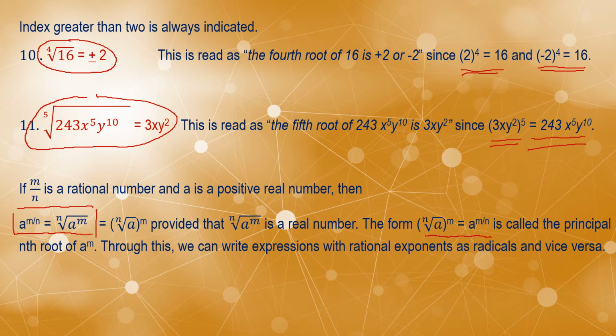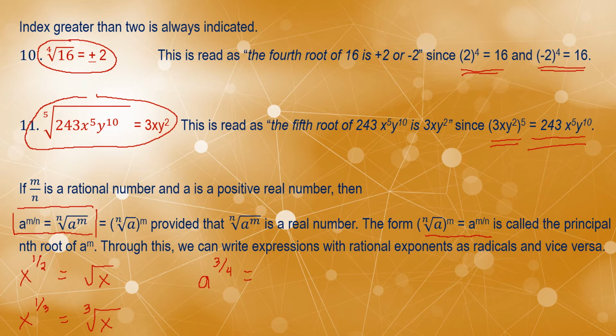So say for example, we have x raised to 1/2. In radical form, that is the square root of x. Let's say we have x raised to 1/3. In radical form, this is the cube root of x. Another example, let's say we have a raised to 3/4.